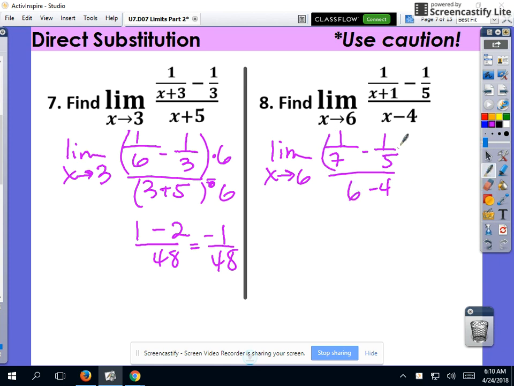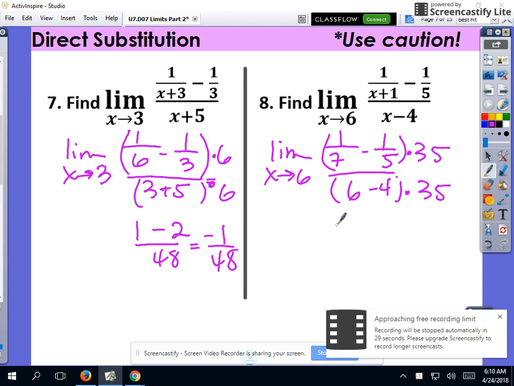So the common denominator on top is 35. If you multiply 35 on top and bottom, that would be 5 minus 7 over 5 minus 4 is 2 times 35 is 70. So we're going to say that equals negative 2 70ths, or negative 1 35th.